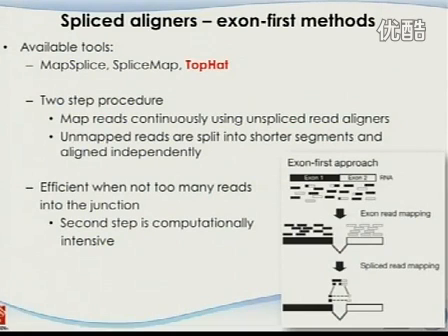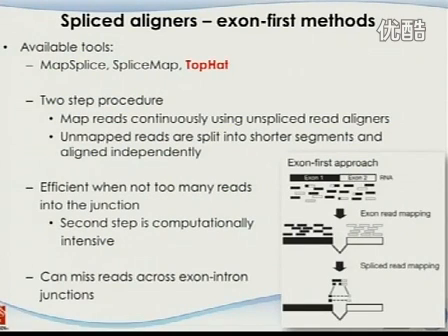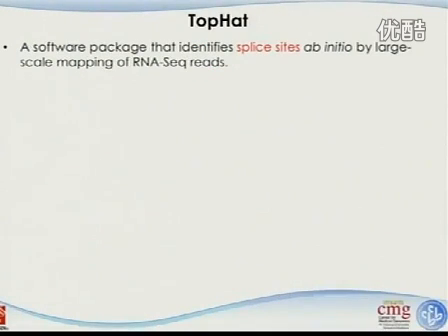The second step is computationally intensive because you have to break all the remaining reads into smaller pieces and then align them separately. And you can miss reads across the exon intron junctions because of this type of alignment.